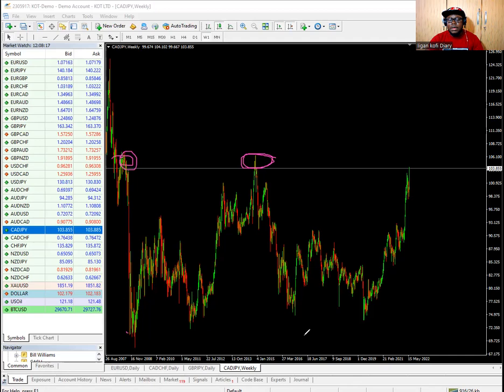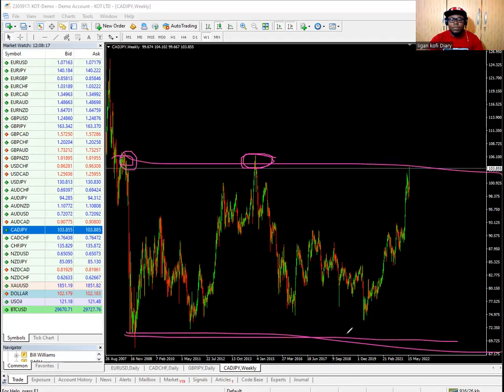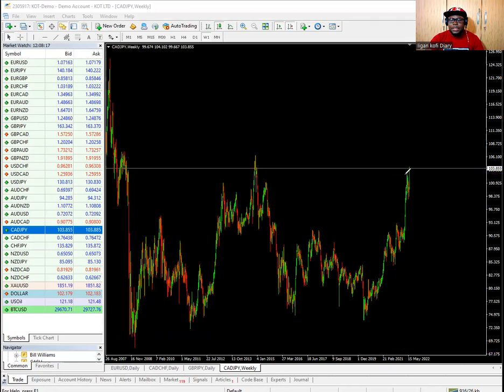This pair has been on that level for some years now because each candle represents a week. CAD JPY has been in a huge consolidation for a period of time now on the weekly time frame. So currently, CAD JPY is heading towards the same resistance level.